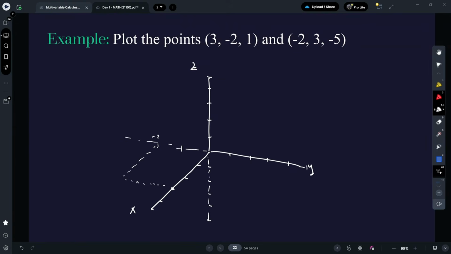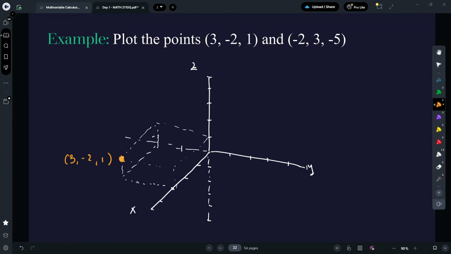And that point down there would be the point 3, minus 2, 0. And then I have to go 1 up. If I go 1 up like this, you can imagine that there is some sort of parallelepiped being drawn. And then the point that I want is all the way here. This is the point 3, minus 2, 1.